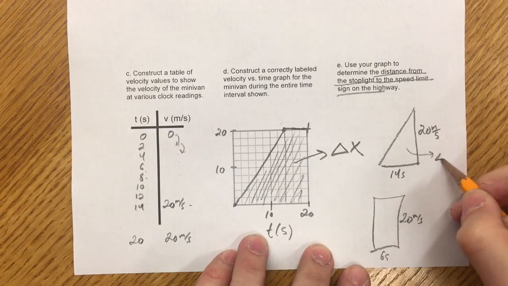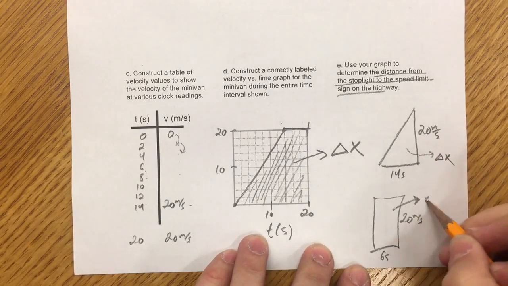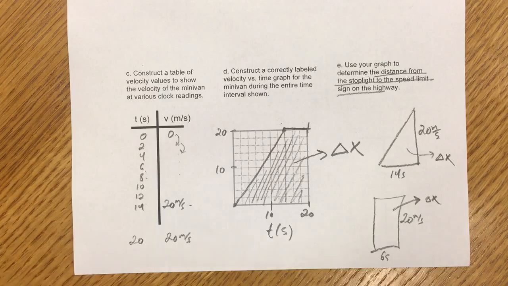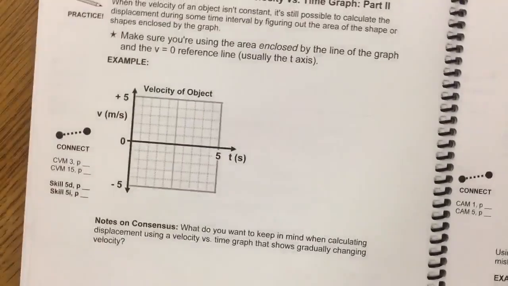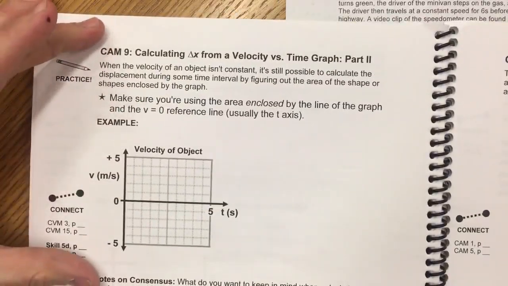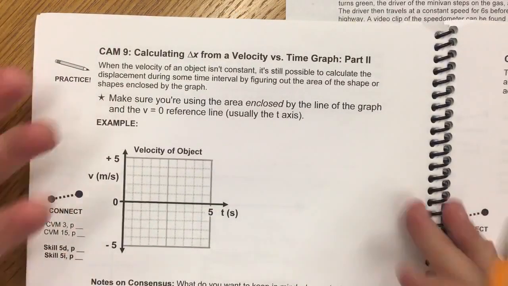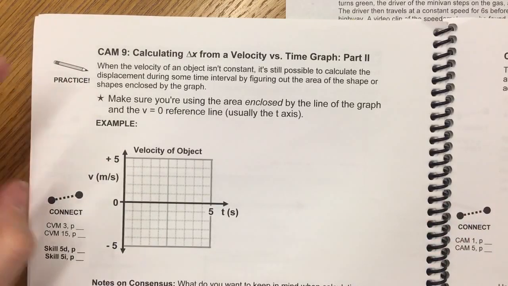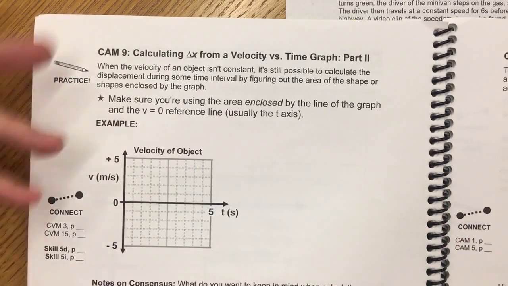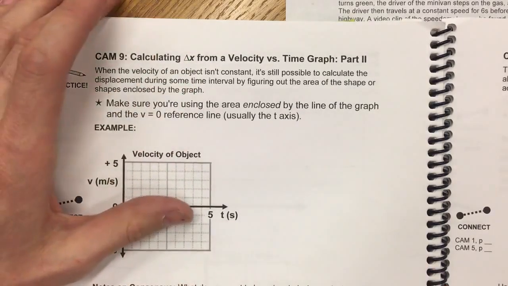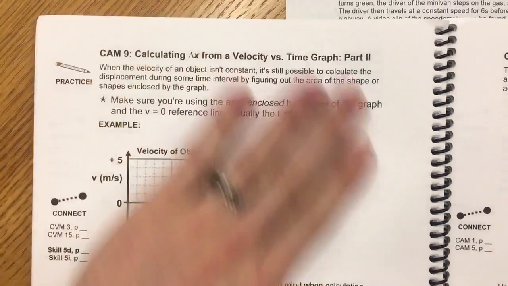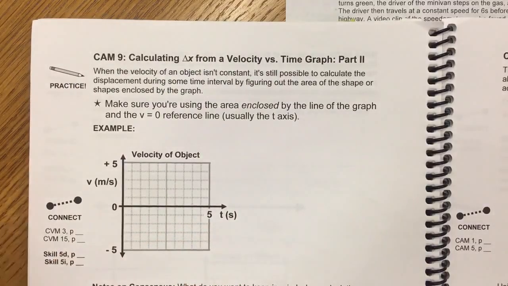Both of these can translate into displacements that you can then calculate as part of your total. We didn't take any notes on using triangles, but those of you who have been paying attention recognize that you can record notes on your own in CAM9. I'm not going to give you any notes to record here, but if this idea is going to be helpful to you on the test, write down an example right here to show you how to do it so that you're using your notes on the test.